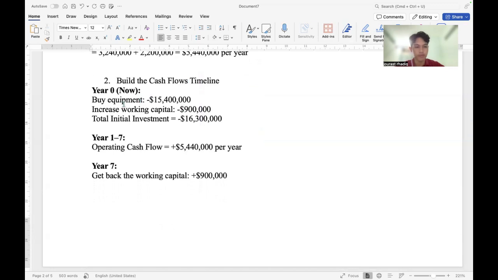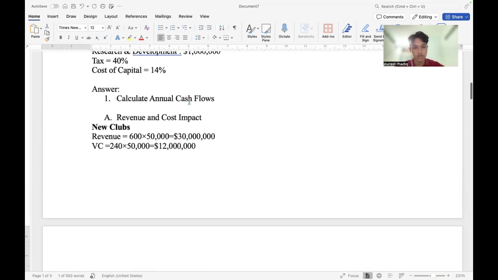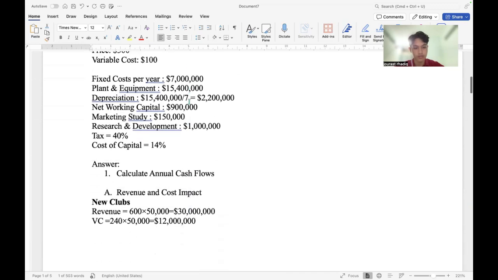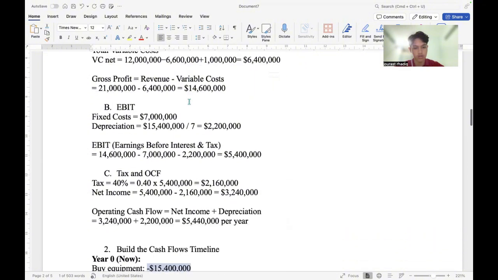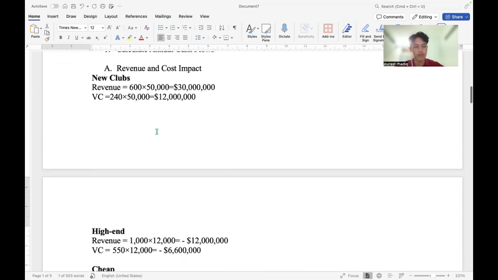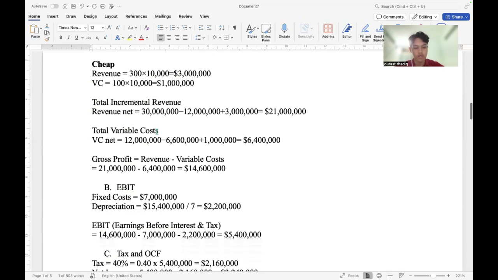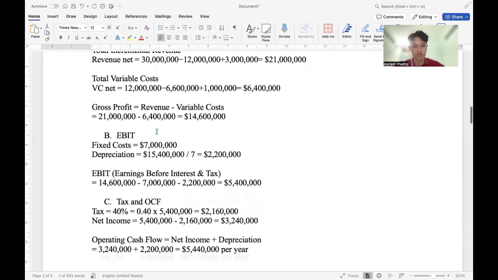So the year 0, this is the plant and equipment, which is the one-time cost that the company should give to start the production.